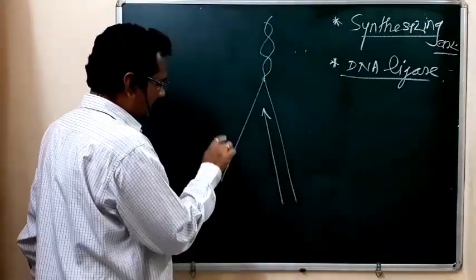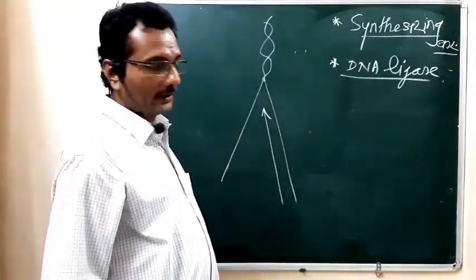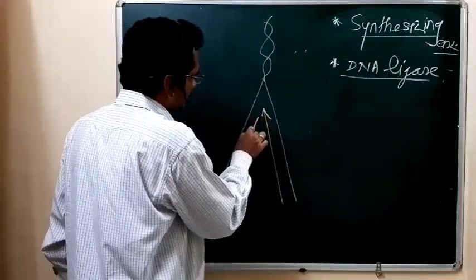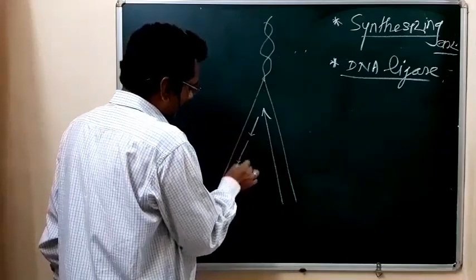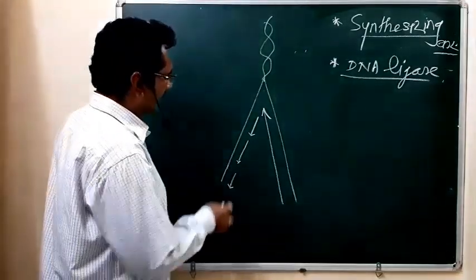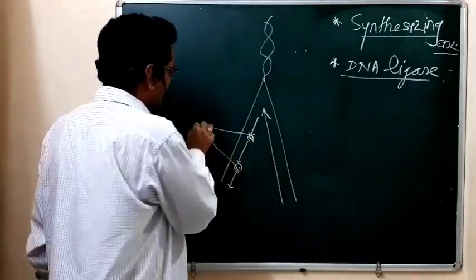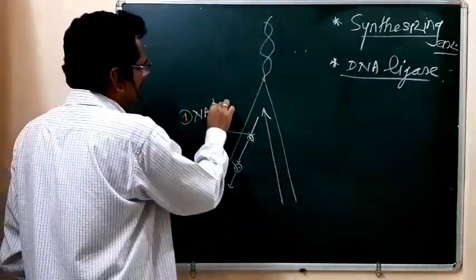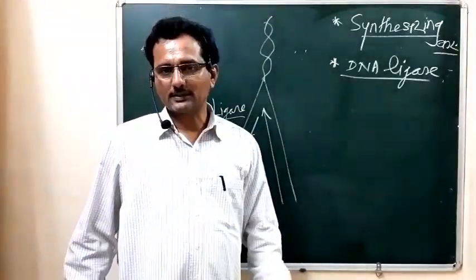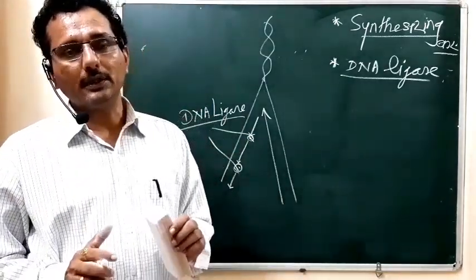But on the other strand, the new strand is synthesized opposite to the direction of the replication fork in the form of fragments, and these fragments are called Okazaki fragments. These Okazaki fragments are joined with the help of the DNA ligase enzyme. This DNA ligase enzyme forms the phosphodiester linkage between neighboring nucleotides and joins the broken ends of the DNA.